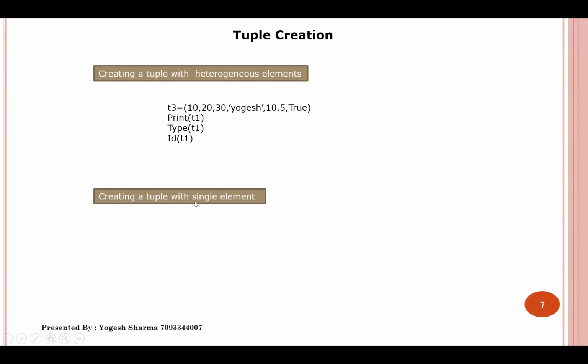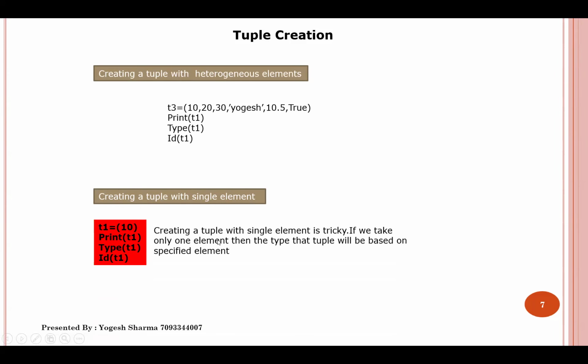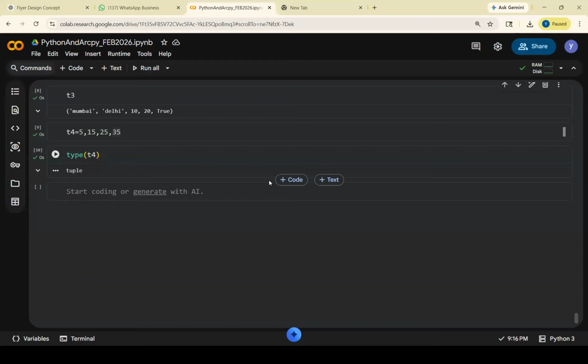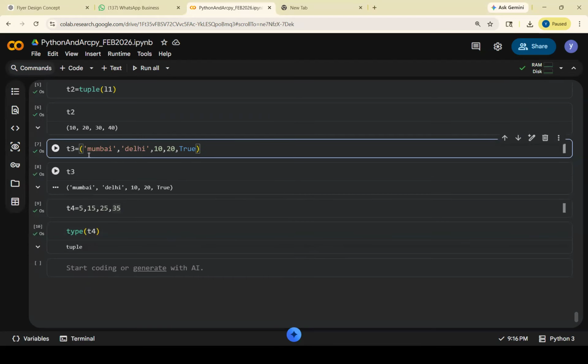Now after that, create a tuple with a single element. Yes, this is very important, especially from the interview point of view. As I already explained, if I want to create a tuple, we can use parenthesis.